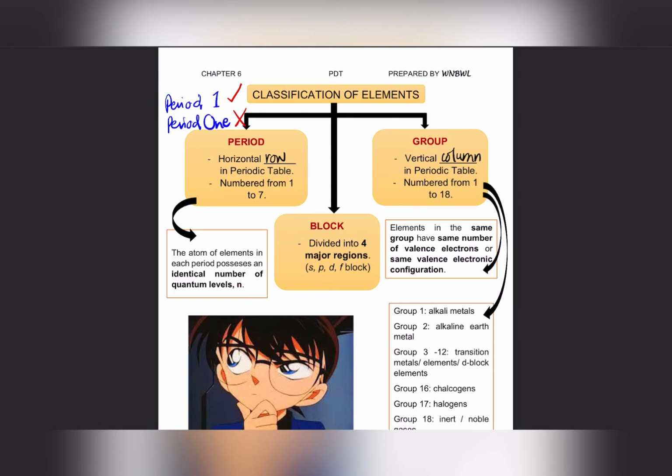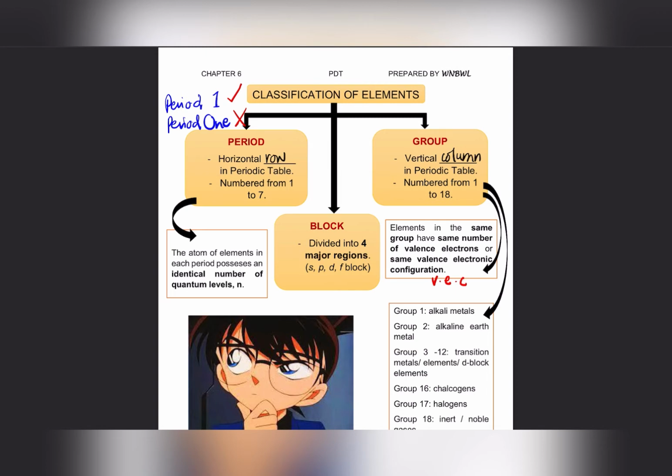Next one, untuk group. Group di mana elemen in the same group akan mempunyai same valence electrons. Tapi, saya nak awak faham lagi satu term yang special iaitu valence electronic configuration. Dan saya akan gunakan short form supaya awak faham apa yang saya mention adalah VEC. So VEC adalah short form untuk Valence Electronic Configuration.